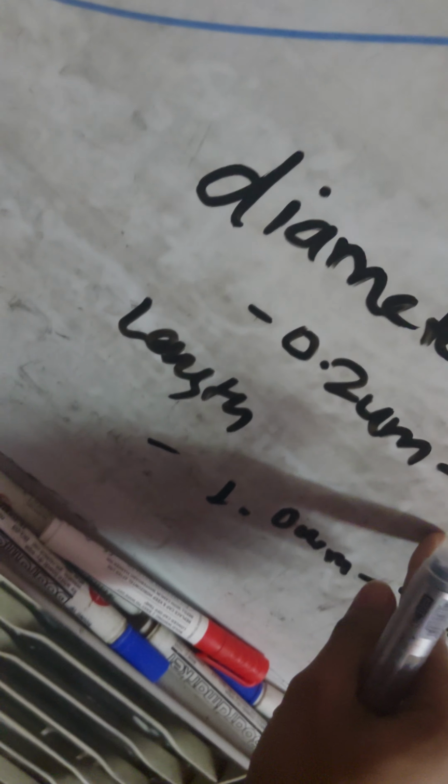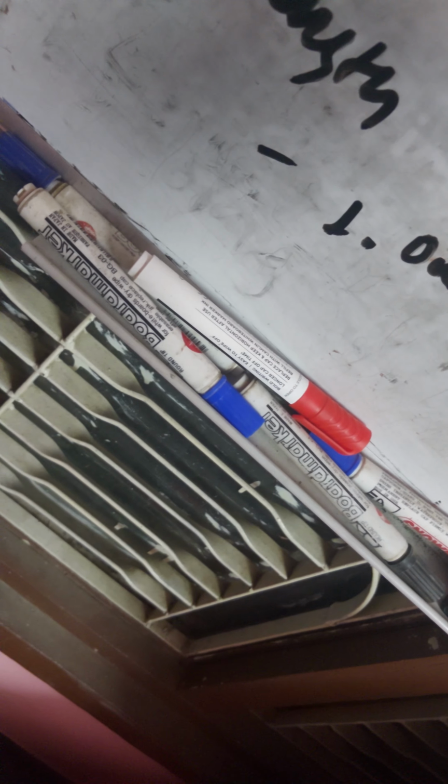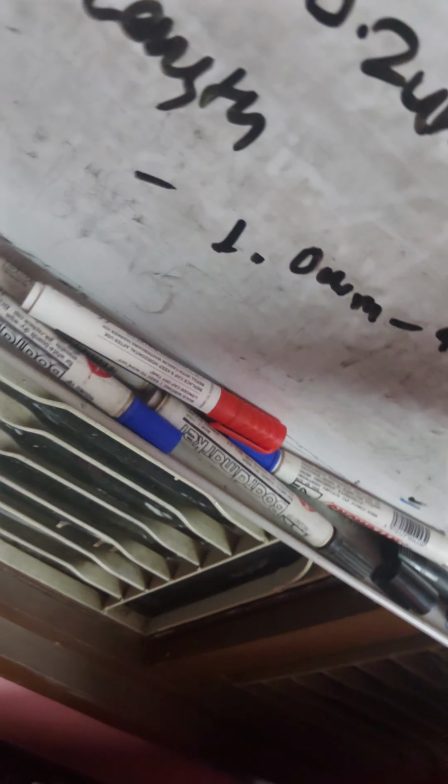This variation in diameter and length is due to the physiology of the cell. If the mitochondria is present in a cell where the energy requirement is more, of course it has to be larger to sustain that energy demand. So depending upon the physiology of the cell, the mitochondria varies in its dimensions.